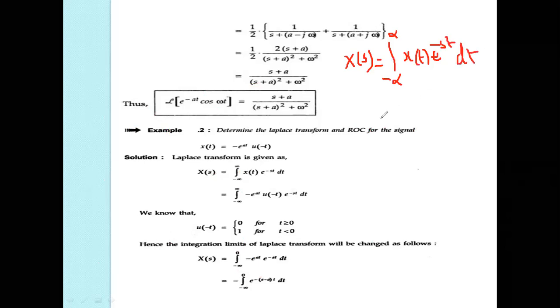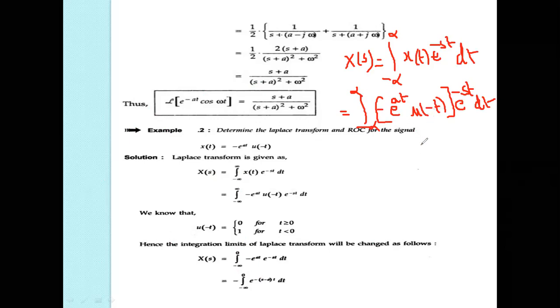Now, in this example, you have to find the Laplace transformation of the given signal x of t, so X of s is equal to integral from minus infinity to infinity of minus e power at mu of minus t into e power minus st dt. Got it?